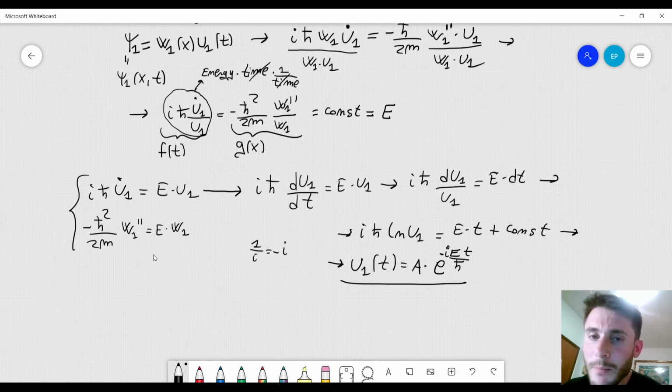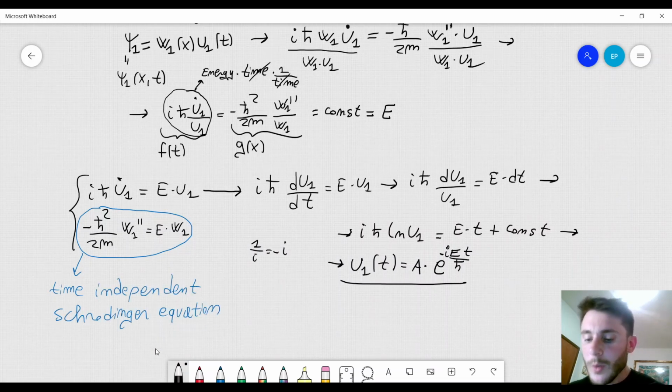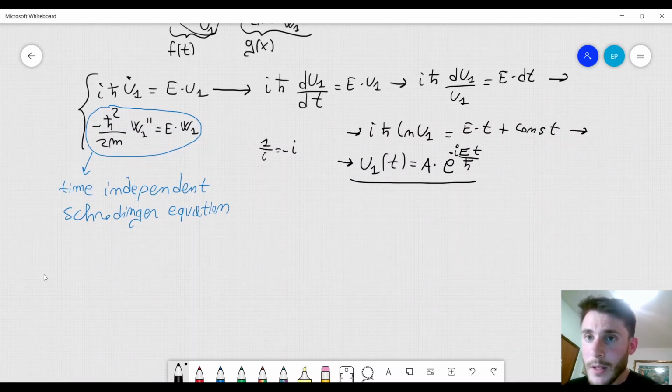But what's really important is the time-independent part, which is this equation here. This equation is also called the time-independent Schrödinger equation. And we have to solve that equation now. So, in particular, for a second-order differential equation like that, we can solve it like this.